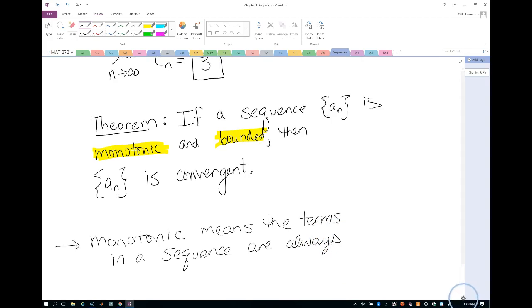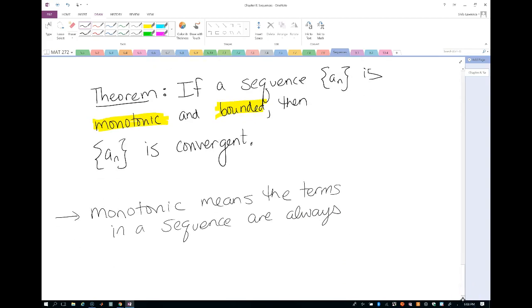So the alternating sequence we saw earlier would not be monotonic because it keeps jumping back and forth between positive and negative. And it really doesn't matter whether the terms are always getting larger or always getting smaller. Both cases are considered monotonic.